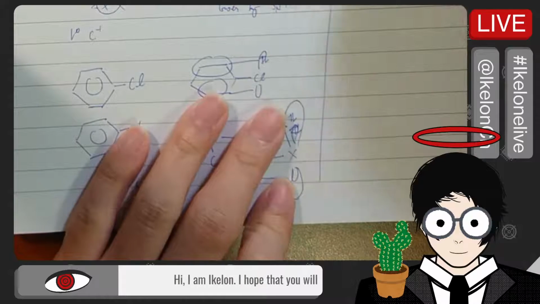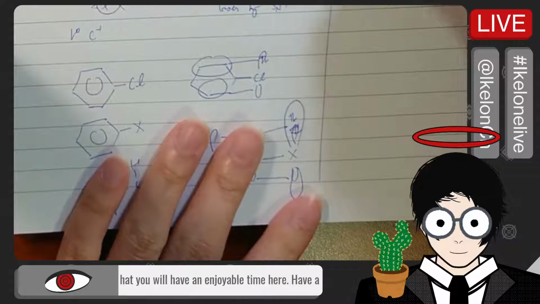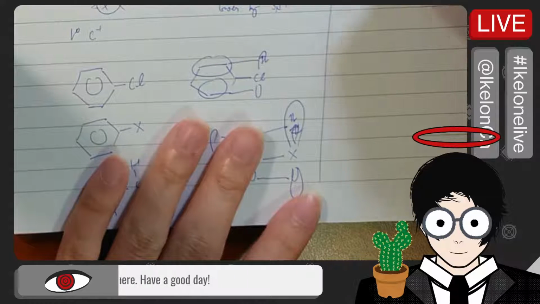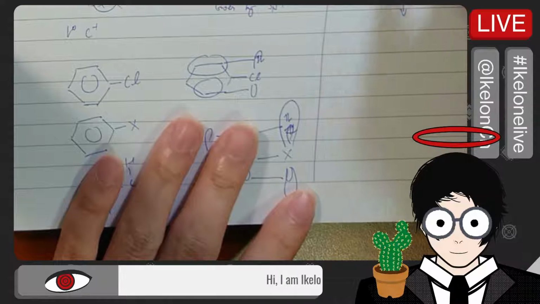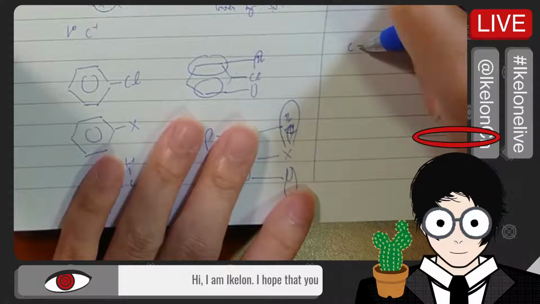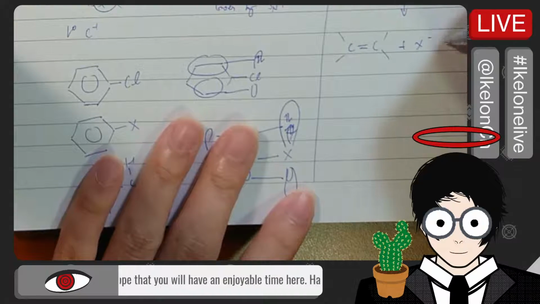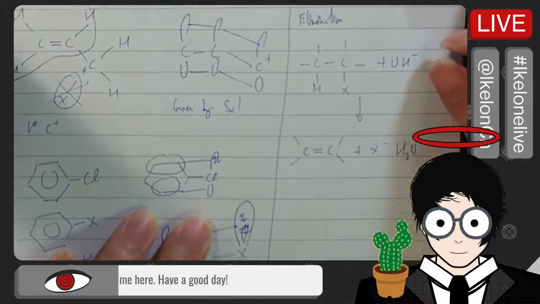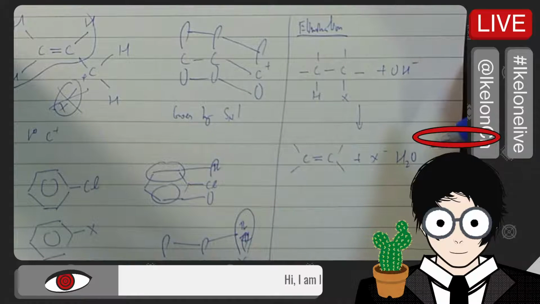You would have a halogen derivative, and then it would become, okay, let's see. So this is what is actually happening.